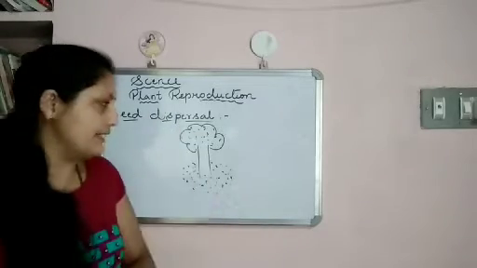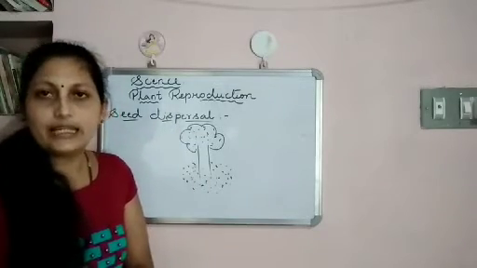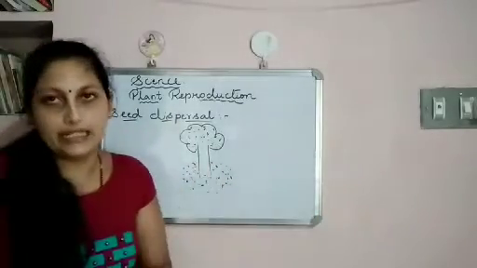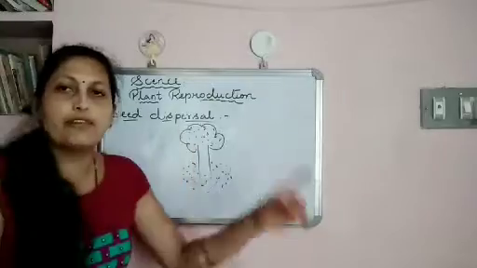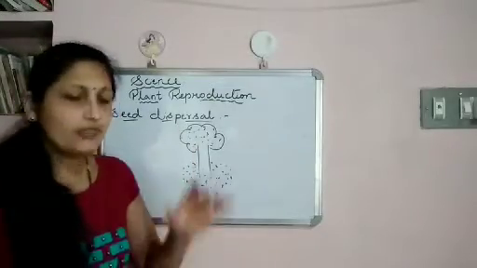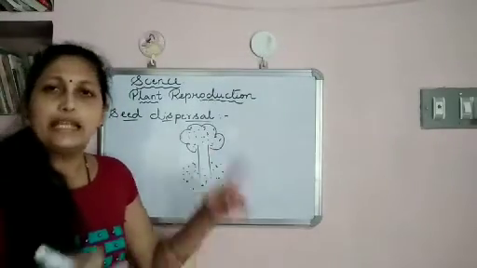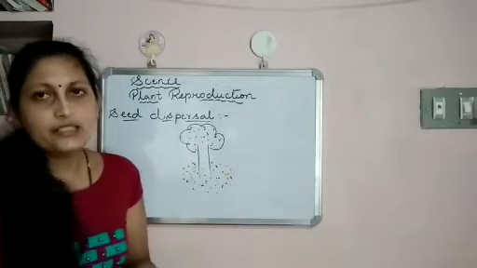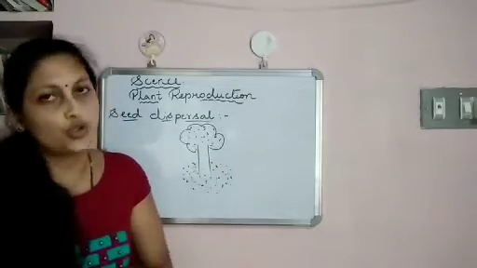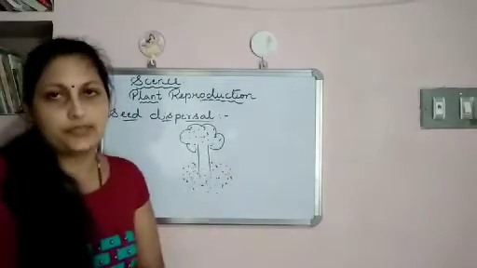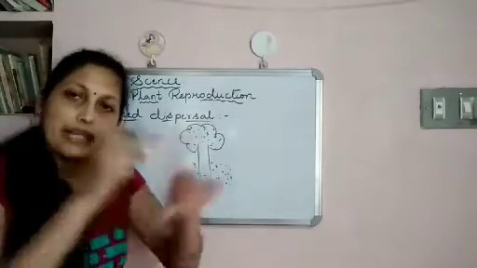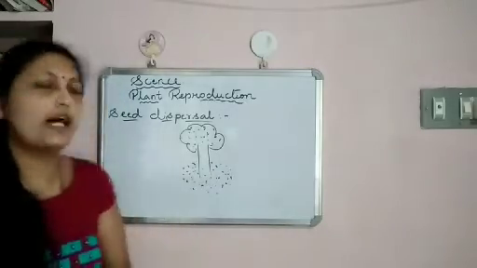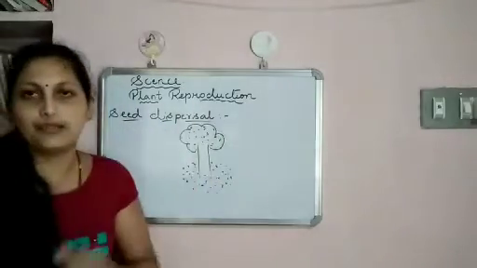To avoid this, what is necessary? These seeds have to be spread away for a wide area, so that they will get proper amount of air, water, sunlight and necessary space to grow. This process of scattering away of seeds from the parent plant is known as seed dispersal.